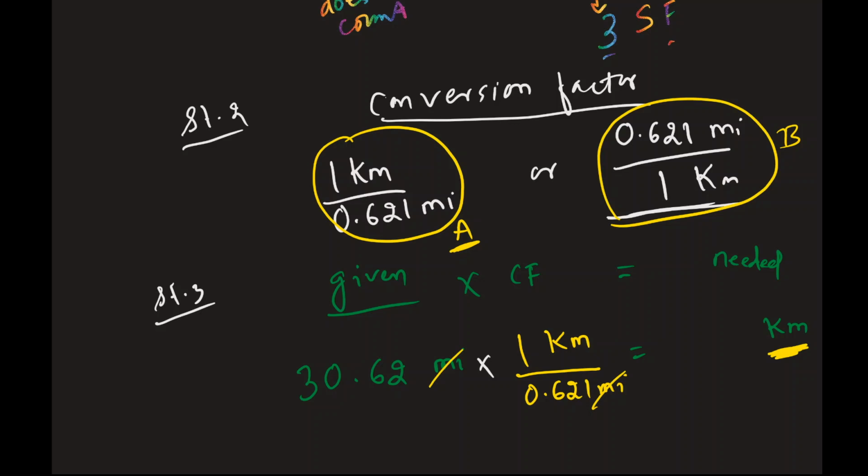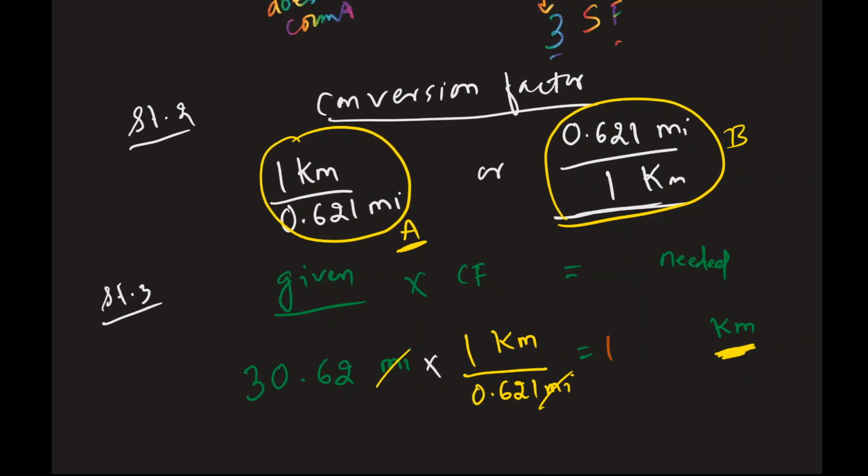So the number that you'll be getting, 30.62 multiplied by 0.621, my calculator is giving me 19.01502.